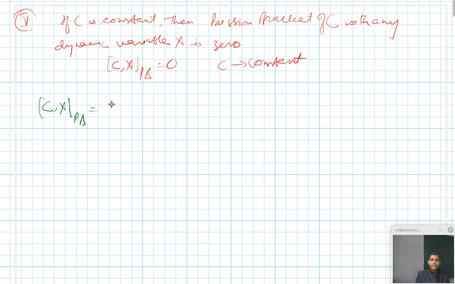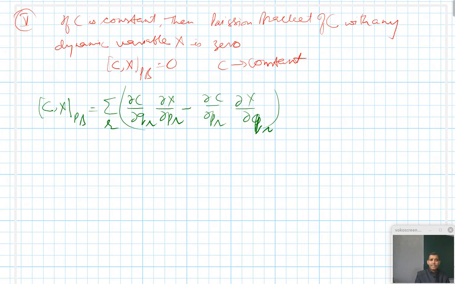So it is a Poisson bracket, and it can be written as ∂C/∂q_r and ∂x/∂p_r minus ∂C/∂p_r, sorry, not q_r but p_r, and ∂x/∂q_r.